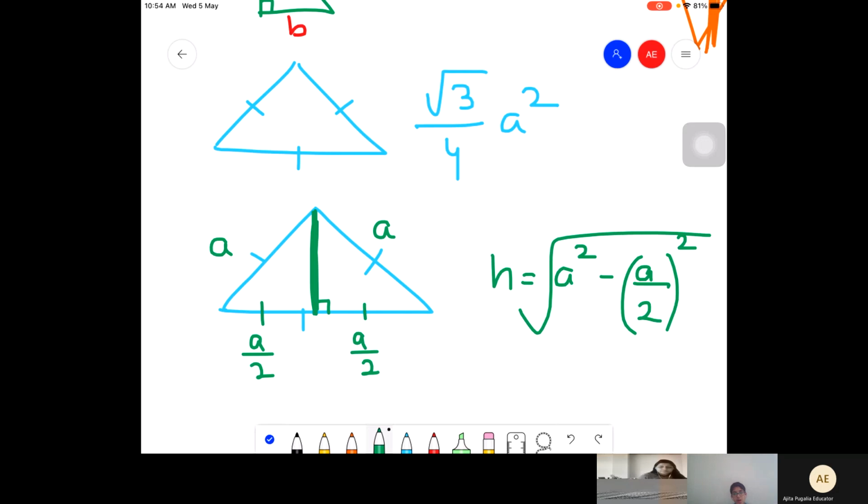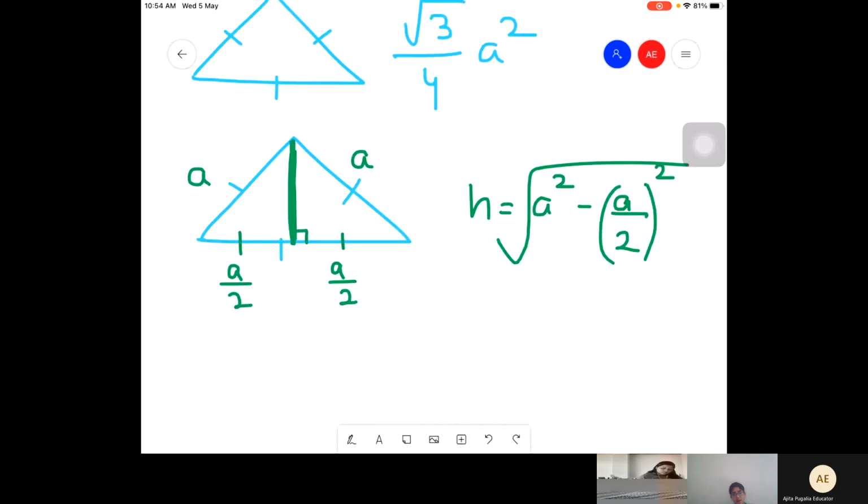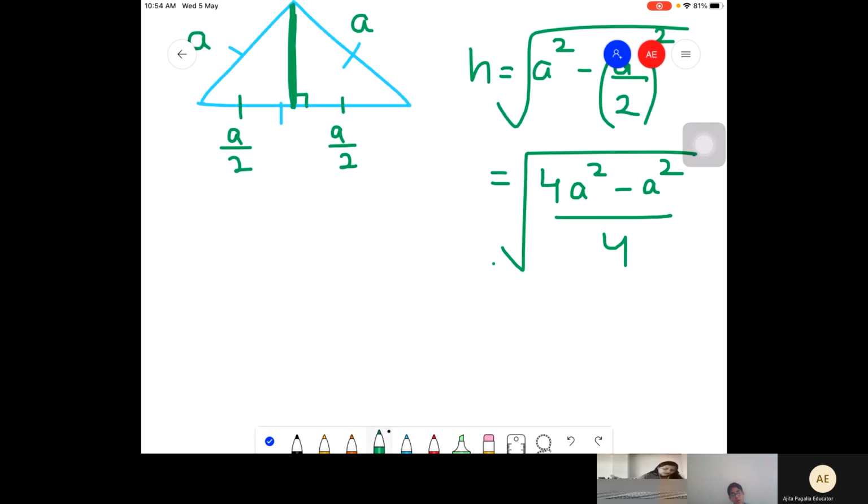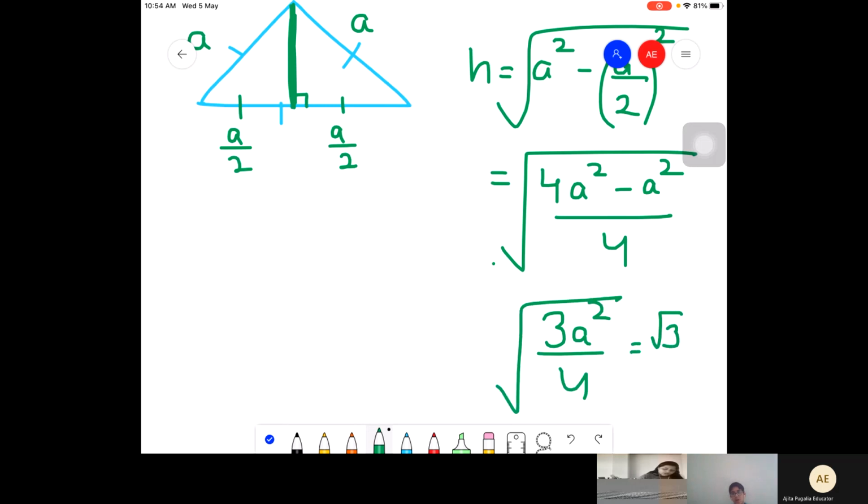Which eventually becomes the root of 4a square minus a square upon 4, which becomes root of 3a square upon 4, which becomes root 3 upon 2 a, right?